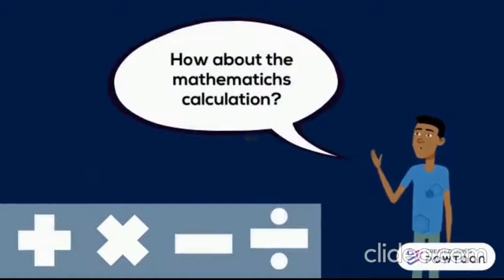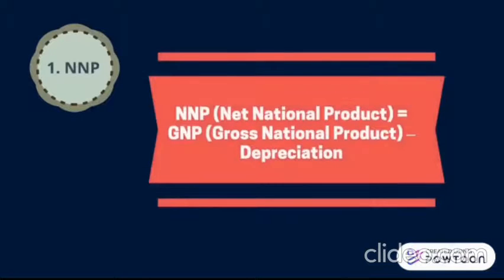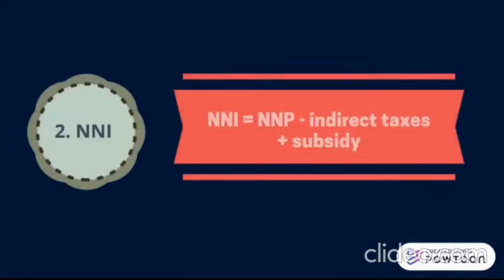Next, how about the mathematical calculation? First, NNP. NNP is equal to GNP minus depreciation. And the second one is NNI. NNI is equal to NNP minus indirect taxes plus subsidy.